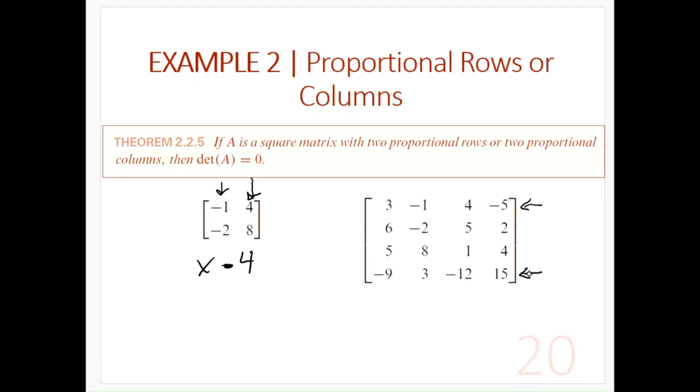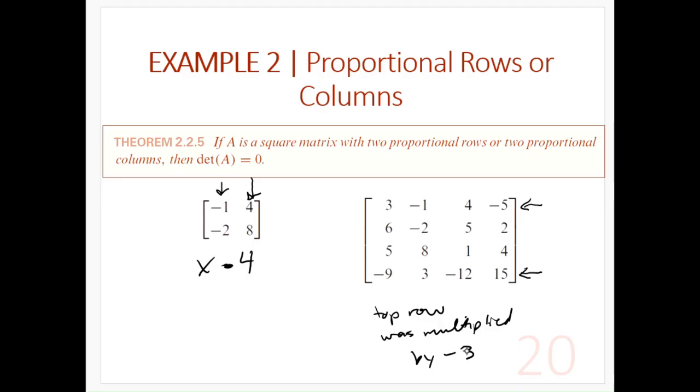And they are proportional because you're basically multiplying the top row by -3. So those two rows are in proportion to each other by a factor of -3.